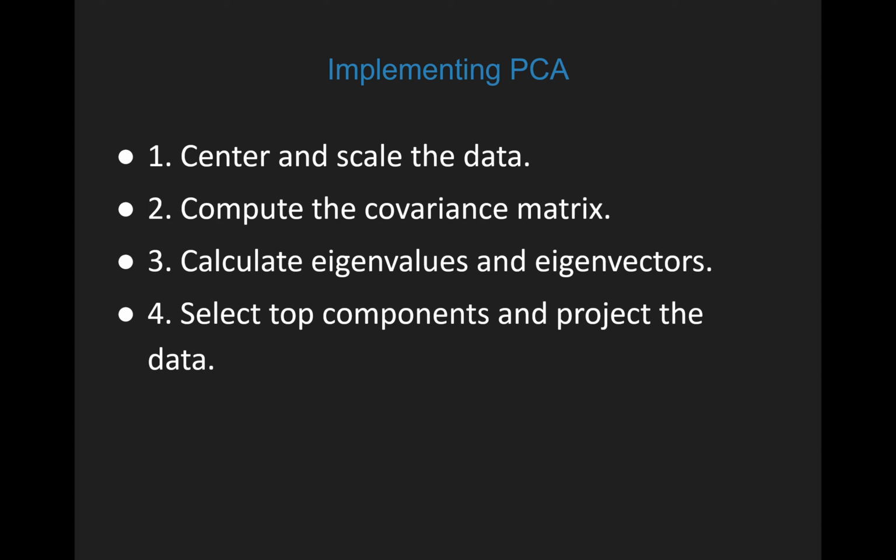Then we perform the eigendecomposition, where we find the eigenvalues and eigenvectors of the covariance matrix. Then we sort and select the components, choosing the top k eigenvectors based on their eigenvalues. In the last step, we project the data, transforming the original data using the selected components.